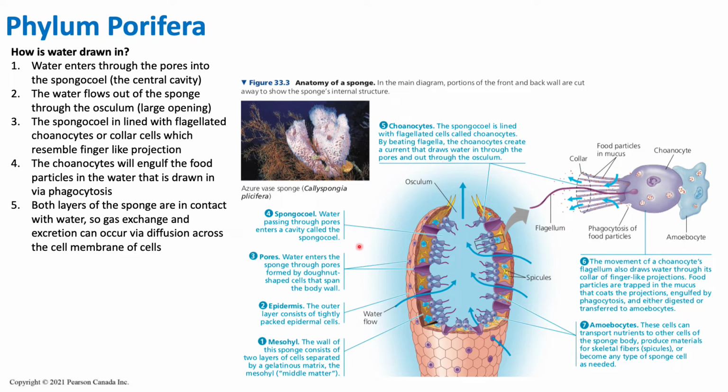So how do we get this water rapidly coming in? This is when our choanocytes or collar cells come into play. So this is our choanocyte or collar cell, and we can see these finger-like projections, and we can see this flagellum. So these finger-like projections, essentially, circulate the water and pull the water in and then back out.